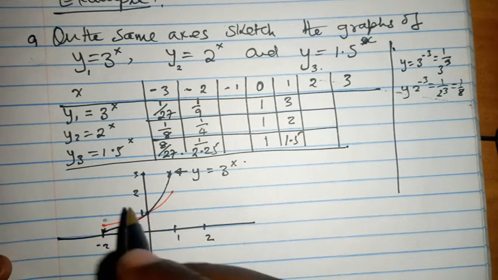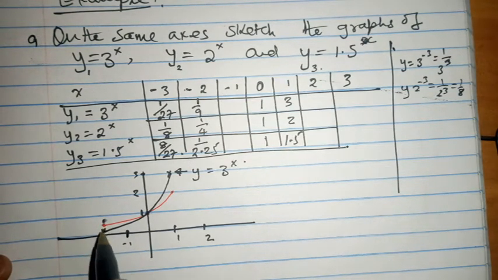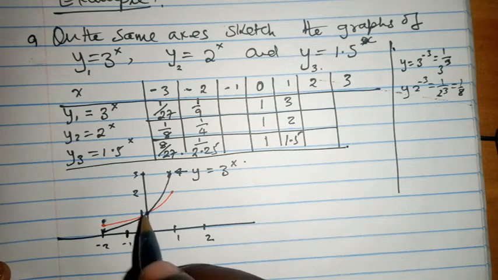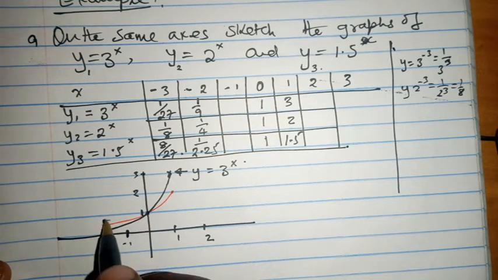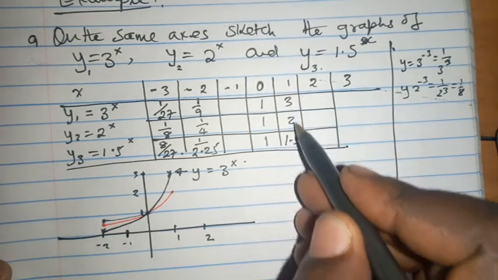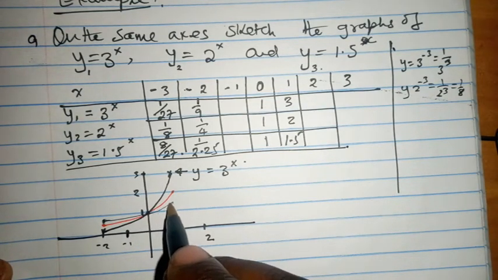Allow me to put it there, and I know if this is 1, then this one does not really reflect the value that I want. But I want to show something. When x is 0, y is 1. But when x is 1, then we have 1.5, which is just there.